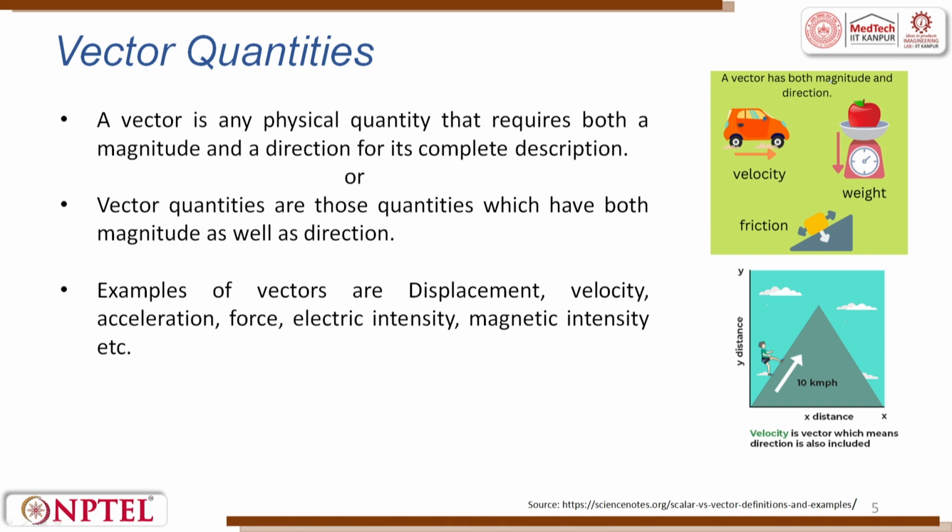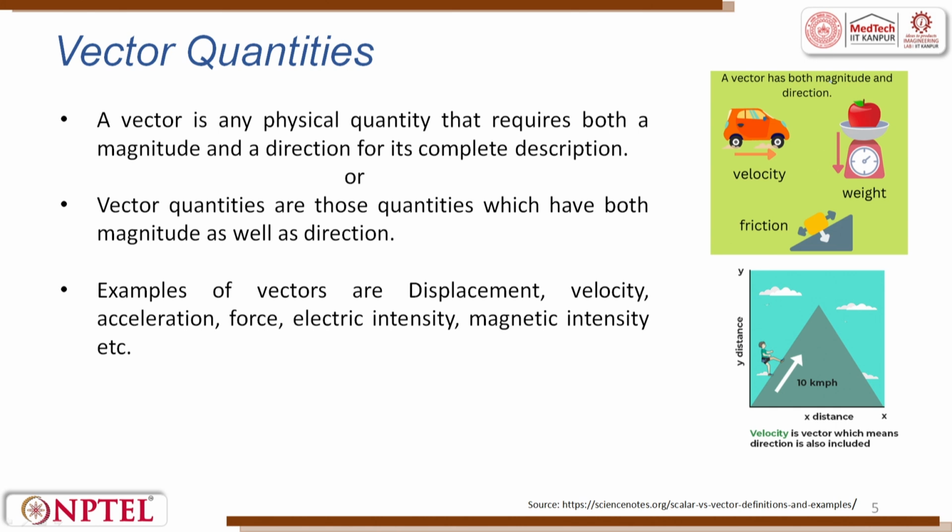The examples of vectors are displacement, which is given always in terms of length scale, velocity. Again velocity will have time scale as well as length scale. Then acceleration, meter per second square, force in terms of Newton, electric intensity, magnetic intensity.